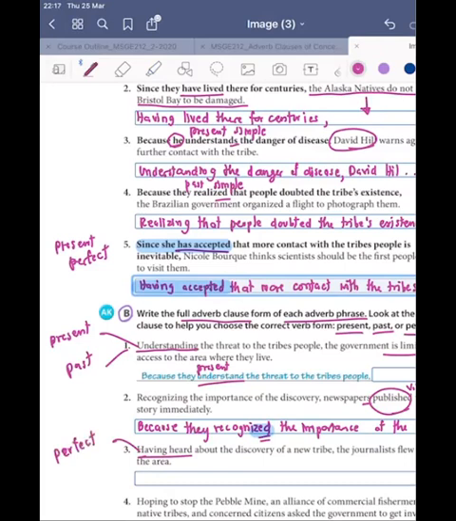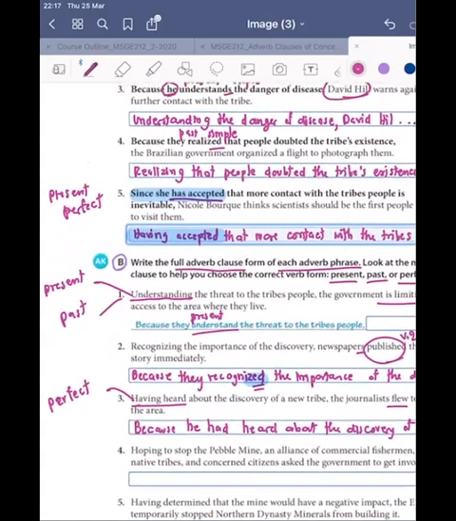So number 3, because he had heard about the discovery of a new tribe, and the rest is the same. The journalist flew to the area.